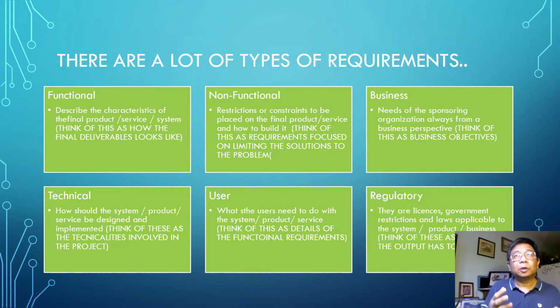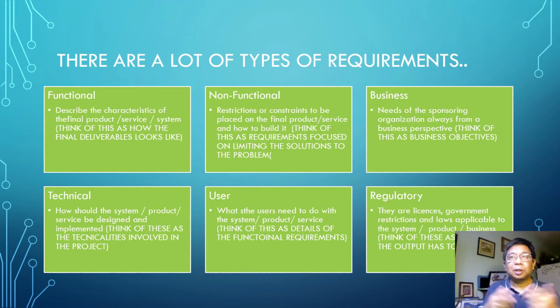When you were talking about requirements in your SAD class and your database classes, you were only given two categories. Functional, these are requirements related to the features and functions of a project, and non-functional, and that is everything else that does not fit in the functional requirements.